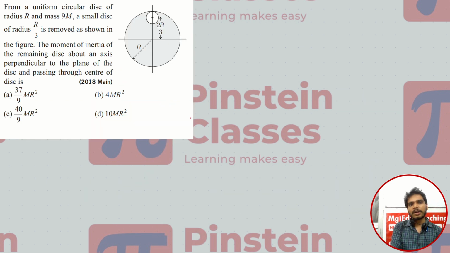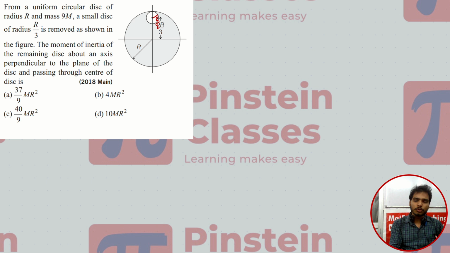Now in this problem it is asked that we have a disk of radius r. A small disk of radius r upon 2 is cut out from the bigger disk, and now we have to calculate the moment of inertia of this remaining part about the center of the disk.